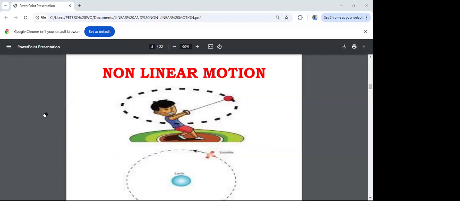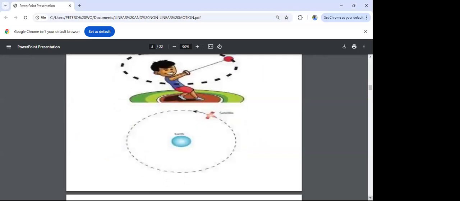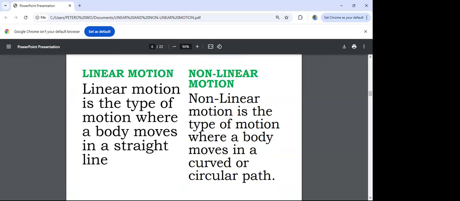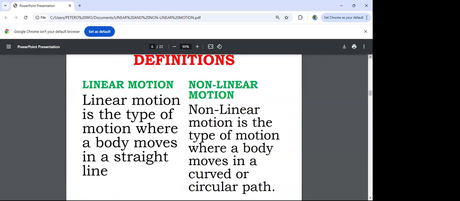All of us have given our answers. So let us see the definitions that we have.